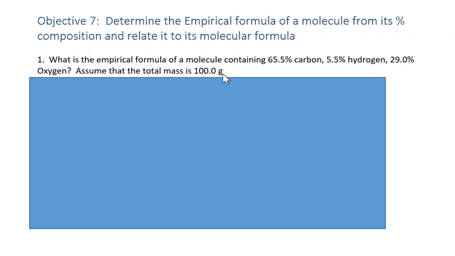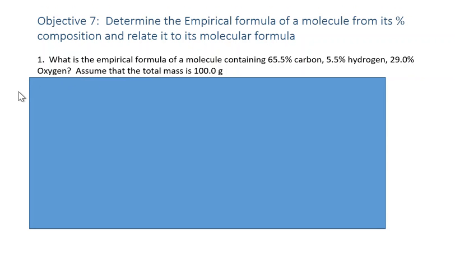You could pick it at anything, but 100 grams just is the best thing to pick because percent means 100. That's what that means. And so if you assume this, you could say that molecule contains 65.5 grams of carbon, because we're total 100, and 5.5 grams of hydrogen, and 29.0 grams of oxygen.